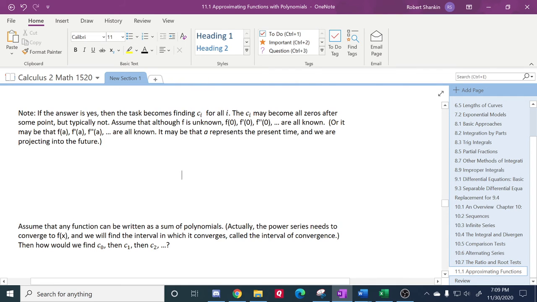Now that assumption is actually a little wrong. Actually, the power series needs to converge to f of x, and we will wind up finding the interval in which it converges, called the interval of convergence, and we'll use one of these tests on it and so on, etc. All right.